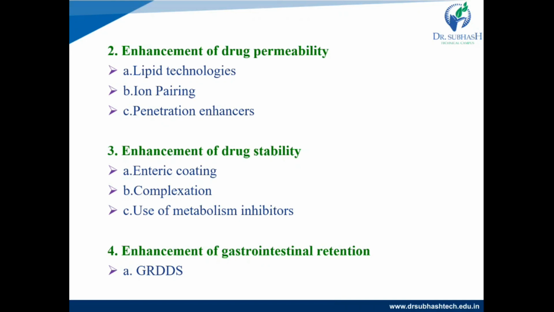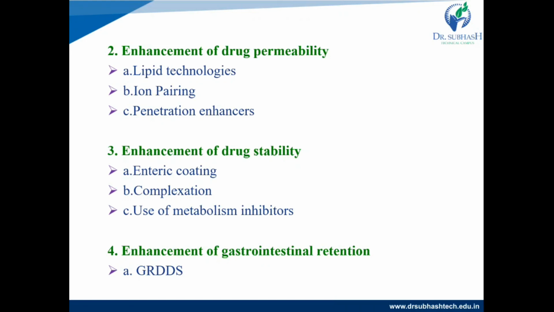Next, the third one, that is enhancement of drug stability. In that case, we can go for enteric coating, which retards the release of the drug in the stomach. Enteric coated tablets, for example. We have to protect the drug in the stomach or acidic medium, and release the drug in the alkaline part.